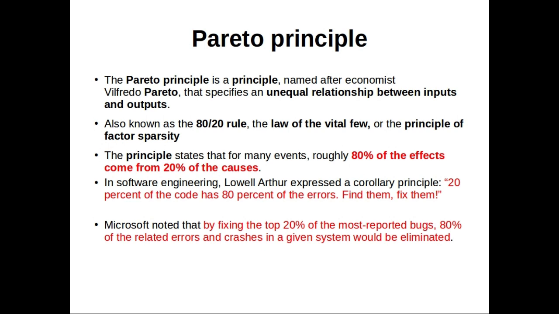In software engineering, Lowell Arthur expressed a corollary principle: 20% of the code has 80% of the errors. Find them and fix them. Microsoft noted that by fixing the top 20% of the most reported bugs, 80% of the related errors and crashes in the given system would be eliminated. This is the Pareto principle.